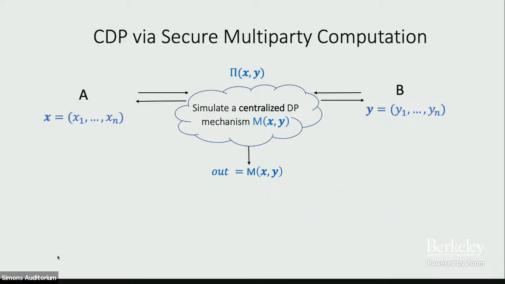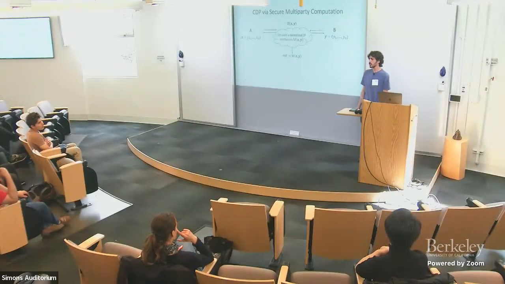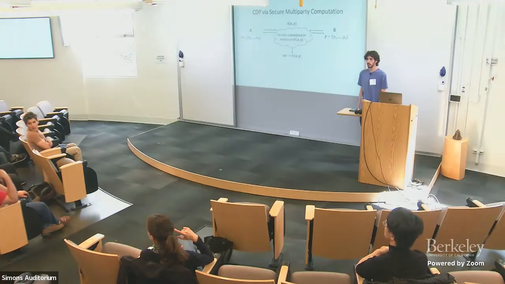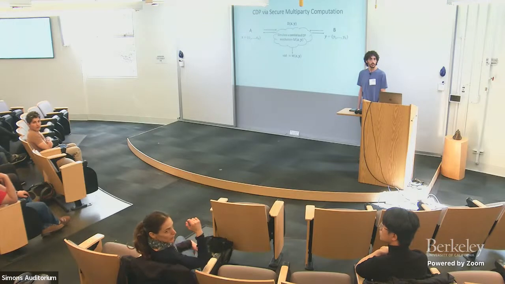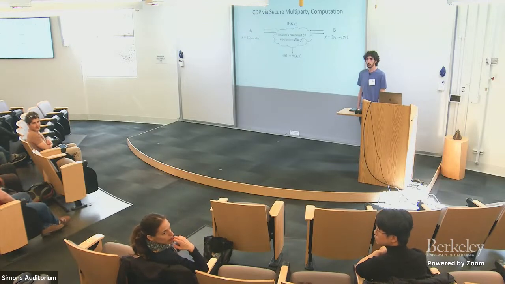Question: in the centralized setting, what do you know about computational versus information-theoretic DP? Is there a meaningful natural separation in the centralized setting? I'm not sure. I think there is, with one function, but I'm not sure. I don't know. So maybe Guy. What is the difference in the centralized setting?